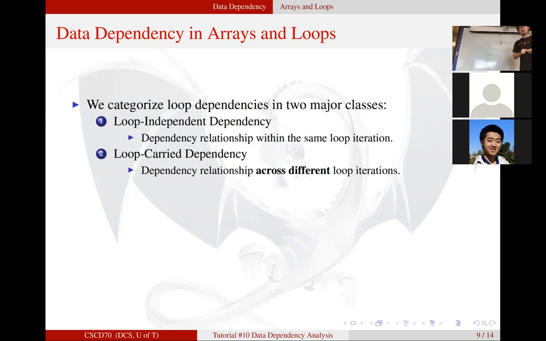The first is loop independent dependency: as its name suggests, we have the dependency relationship within the same loop iteration. Whereas in the case of loop carried dependencies, we have dependency relationships across different loop iterations. Hopefully the difference between loop independent and loop carried dependency is straightforward.